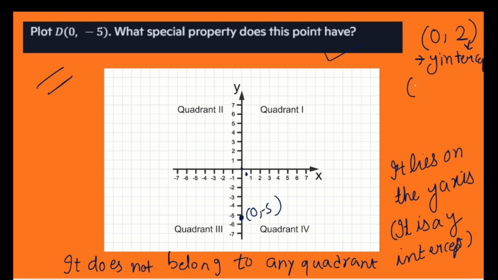If there is a point (2, 0), that would be an x-intercept, because we have the value of x only. This distance from the origin to here is called the y-intercept. So what special property does this point have? It lies on the y-axis. It is a y-intercept. It doesn't belong to any quadrant.